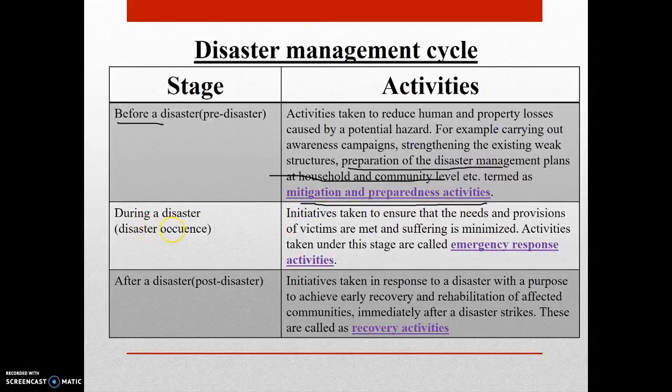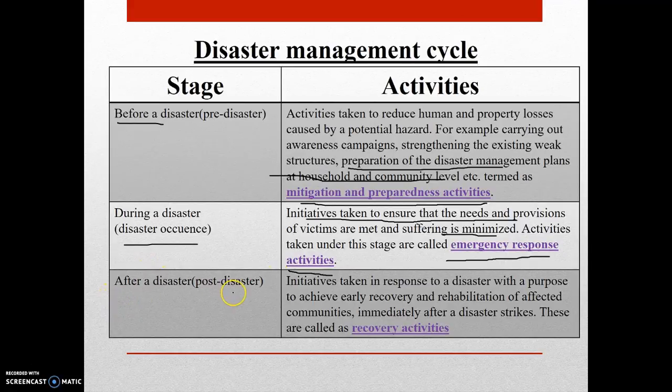During a disaster, that is disaster occurrence: initiatives taken to ensure that the needs and provisions of victims are met and suffering is minimized. Activities taken under this stage are called emergency response activities.